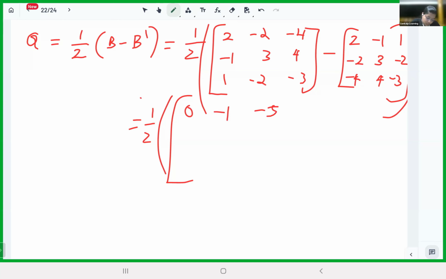Minus 1 minus minus 2 means minus 1 plus 2, so the value is 1. 3 minus 3 is 0, then 4 minus 2 is 2, 1 minus 4 is minus 3, minus 2 minus 4 it is minus 6. Then minus 3 is minus 6. Okay. 0, minus 1, minus 5, 1, 0. 4 minus minus 2 is actually 6, right? 4 plus 2 is 6.